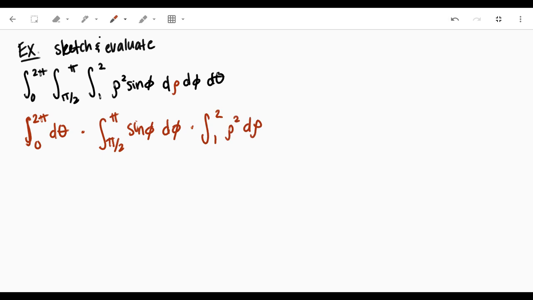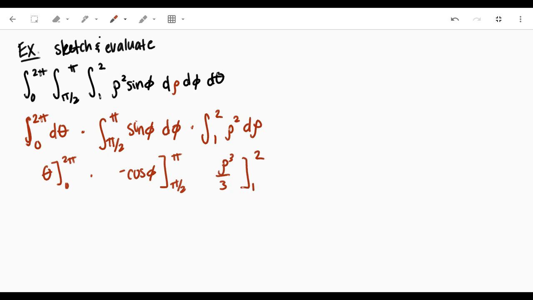Now you definitely don't have to switch it like that. I would encourage you to try it both ways and see that it's going to be the same. But this makes your work a little bit easier, because this would be theta from 0 to 2 pi times negative cosine phi from pi over 2 to pi times rho cubed over 3 from 1 to 2.